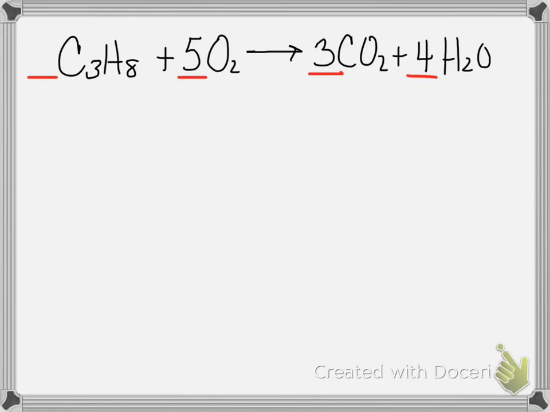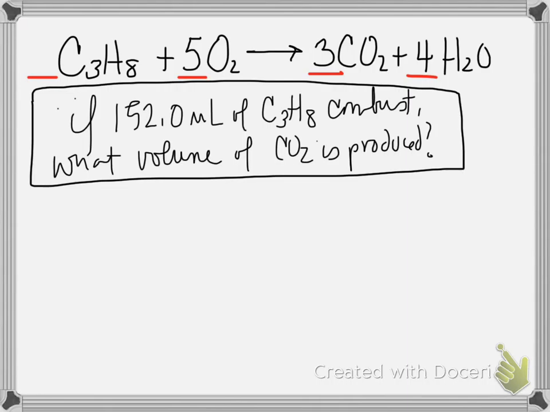So given a problem like, if 152.0 milliliters of propane combust, what volume of CO2 is produced? Wait, volume changes with pressure and temperature, right? Yeah, it does. But everything here is a gas, and therefore you can use those coefficients as a volume ratio.